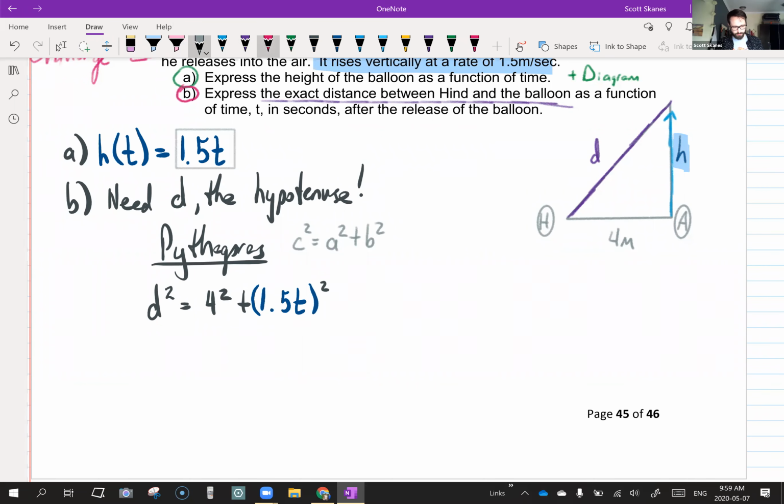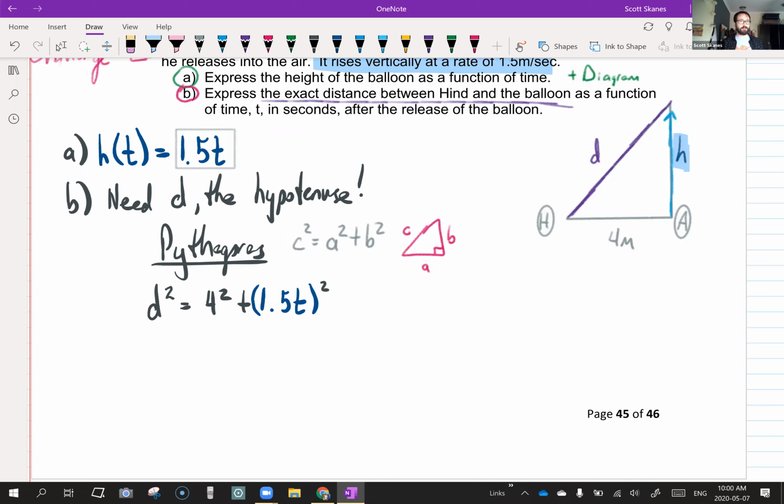Let me use some color I haven't used yet. This is going to be our A, this is going to be our B, and this is C. I know it's D, but standard A, B, and C. Okay, so that's why these things work out the way that they do. That's the hardest part. The rest is just rearranging this.